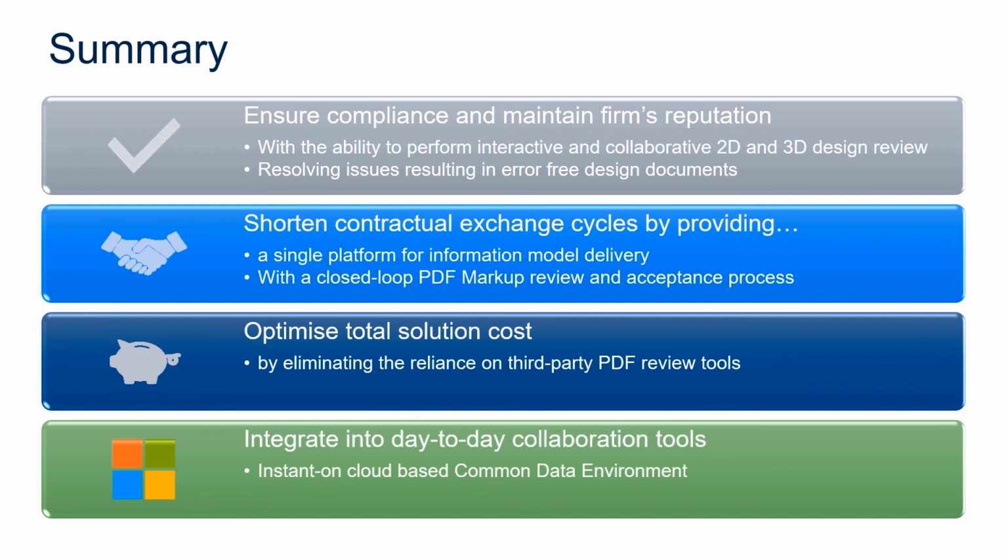It shortens contractual exchange cycles by allowing all document types to be included as part of the completed contractual deliverables, which can then be sent, reviewed, marked up, and responded to, and tracked throughout by all responsible parties through Deliverables Management and Project Insights. It optimizes total solution costs by eliminating the reliance on third-party PDF review tools, and is integrated into day-to-day collaboration tools as an instant-on, cloud-based common data environment.